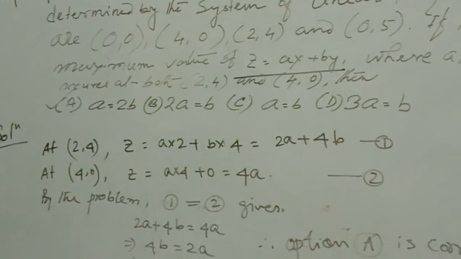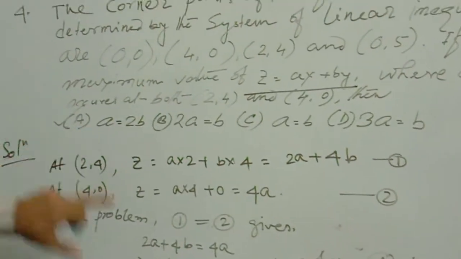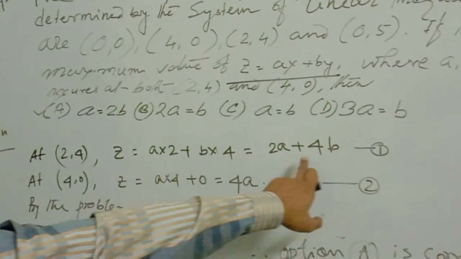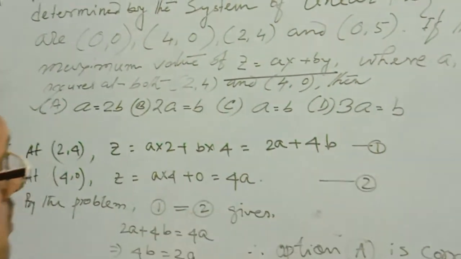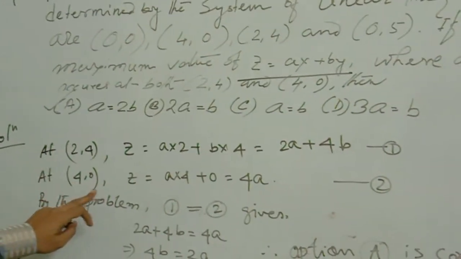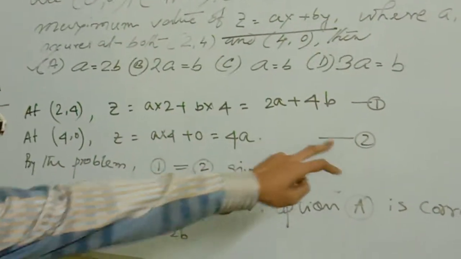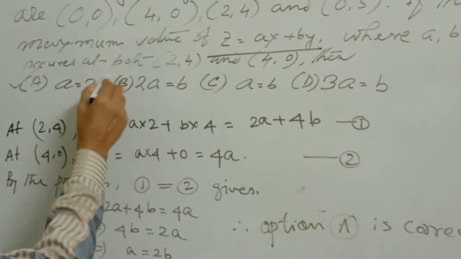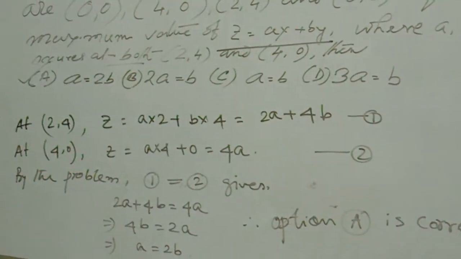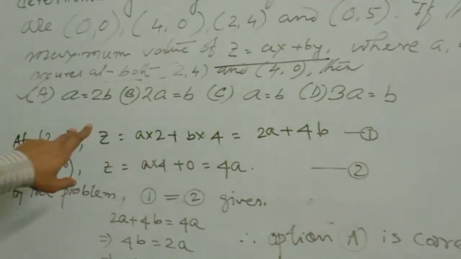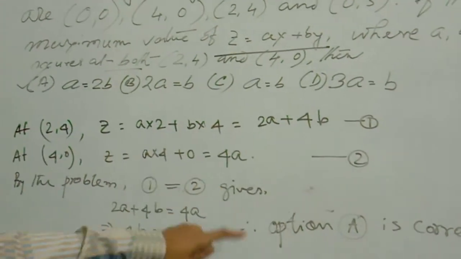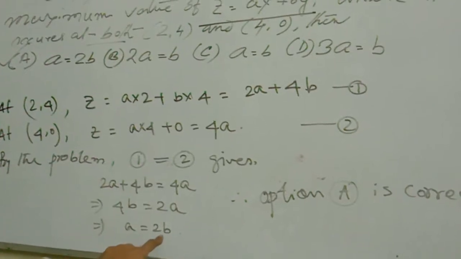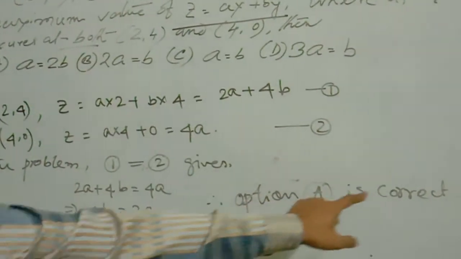The correct answer is option A. At (2, 4) the z value is 2a plus 4b, and at (4, 0) the value is 4a. According to the problem, both of them are maxima, so these two must be equal, which gives this result. Therefore a equals 2b, meaning option A is correct.